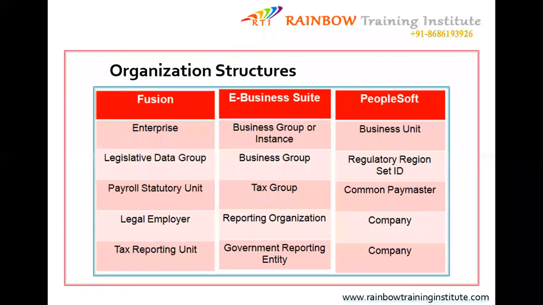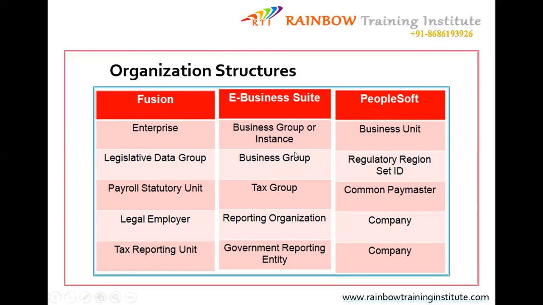So this is the comparison of the objects that we have in Fusion with how they exist in EBSuite and in PeopleSoft. The enterprise and legislative data group together are defined as a business group in EBSuite. While defining the business group itself, we give the company name, the top ultimate holding company name, and also associate it with one country.